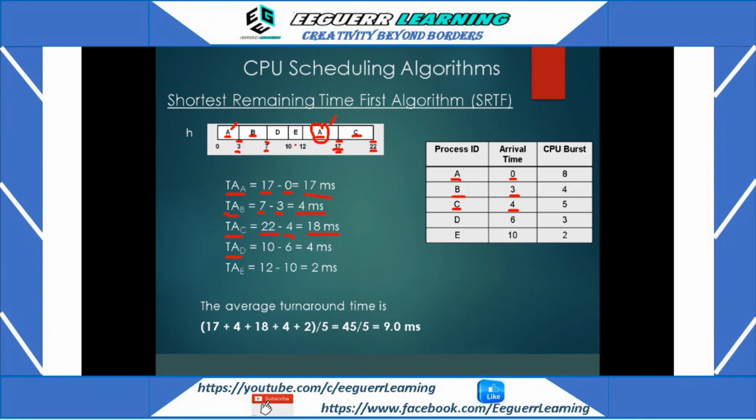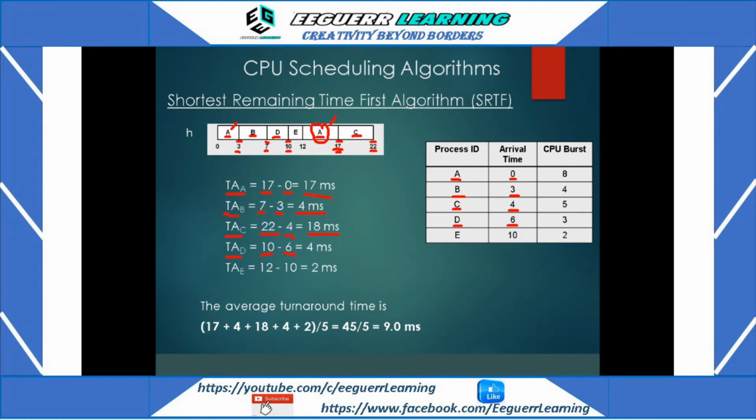Continue with process D. Look at the Gantt chart for the head part of process D and get the value of 10, and go to the table for process D and get the arrival time of 6.